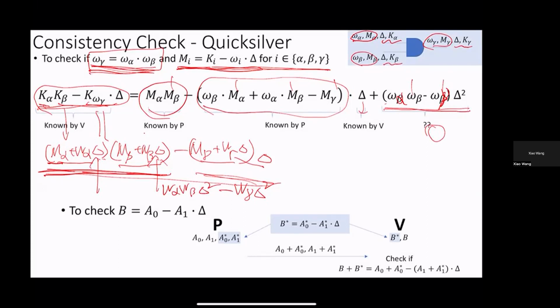So it also means that if we want to check the AND gate, we just want to check whether this equation is a linear equation with respect to delta. If we view delta as a variable, then this can be viewed as either a degree 2 polynomial or a degree 1 polynomial.